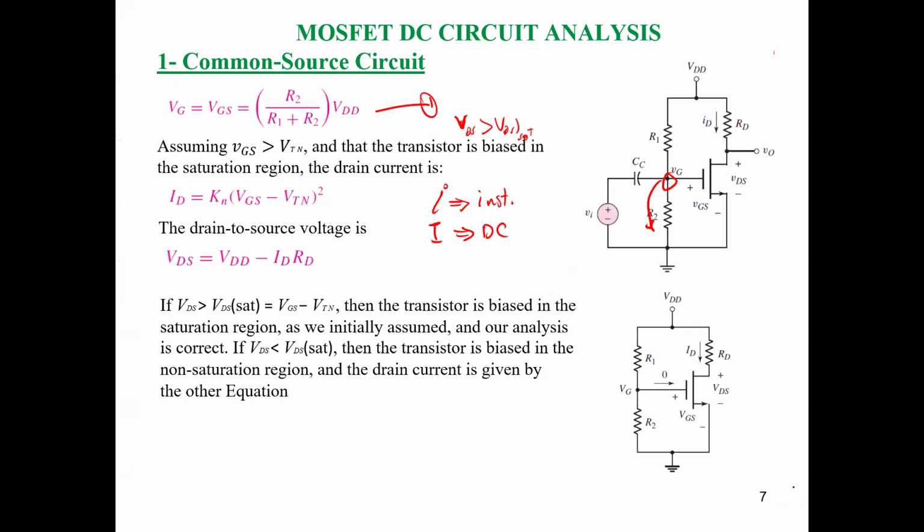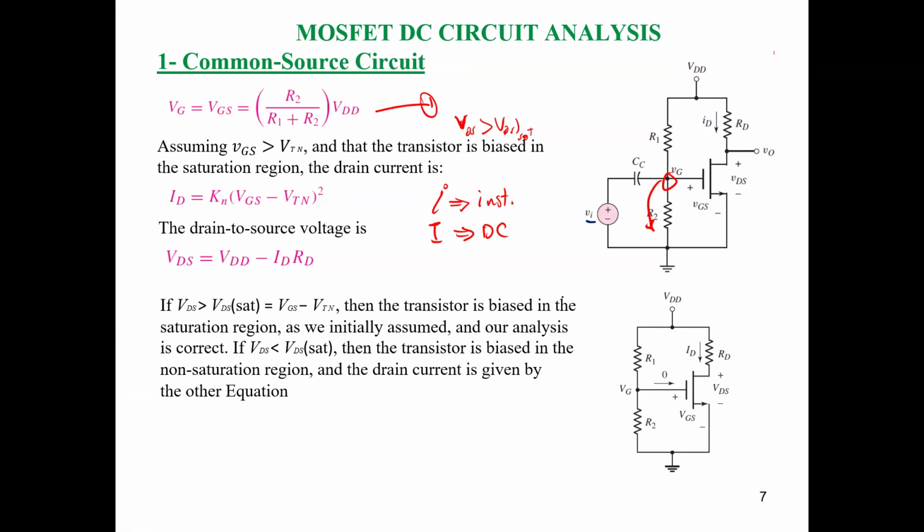If we have our supply here, vi, as you can see, it's a small letter, so this means it could have AC and DC.